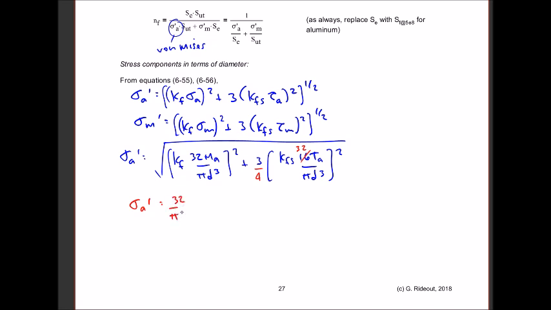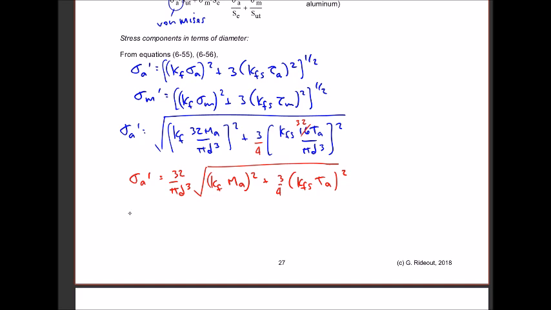32 over pi d cubed. It's squared in both of these terms. When I pull it out of the square root, it becomes just 32 over pi d cubed. And under the square root, I'm left with KF times Ma, all squared, and 3/4 times KFS, the shear stress concentration factor, times my alternating torque, all squared.